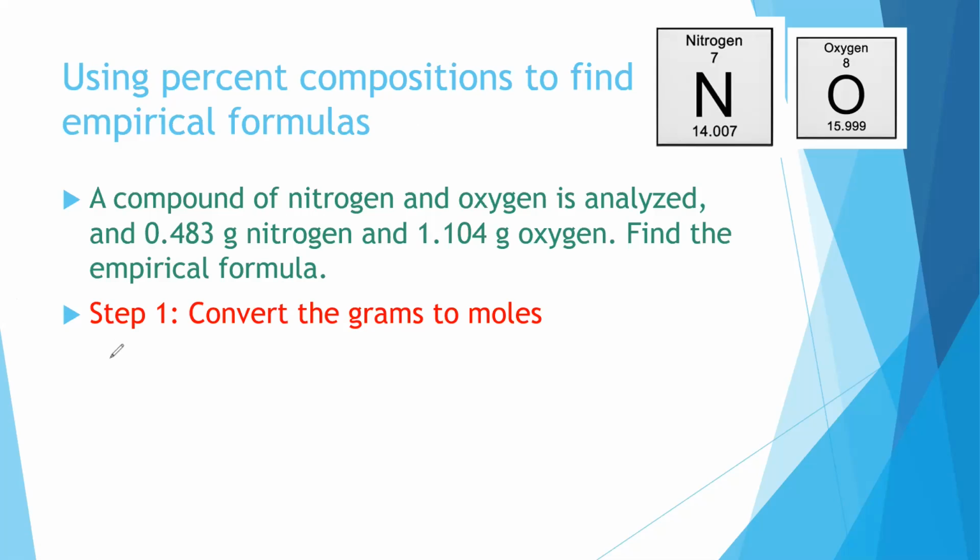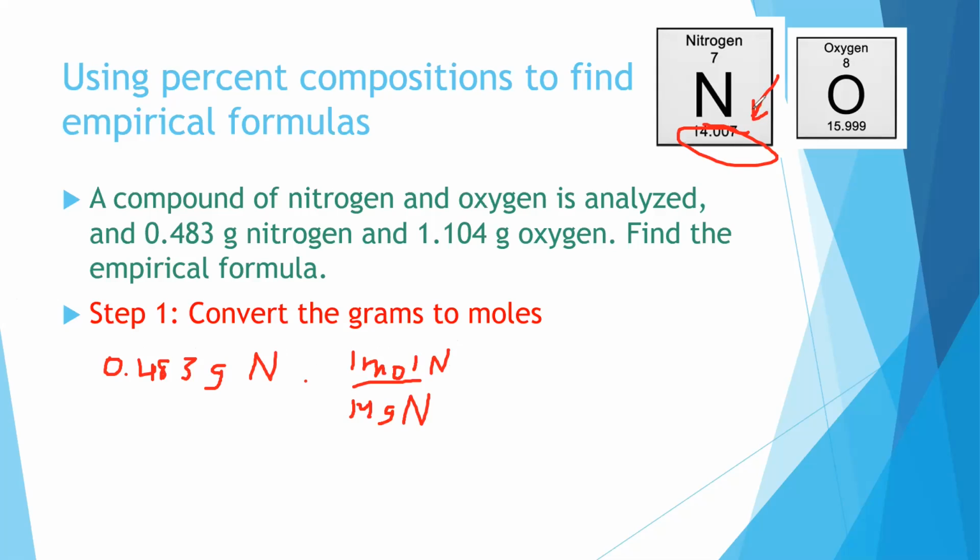So we start off with 0.483 grams of nitrogen. We look at the periodic table here. 14 grams of nitrogen is 1 mole of nitrogen. We did this about 2 weeks back, where we converted grams to moles, and the way we do that is with the molar mass.